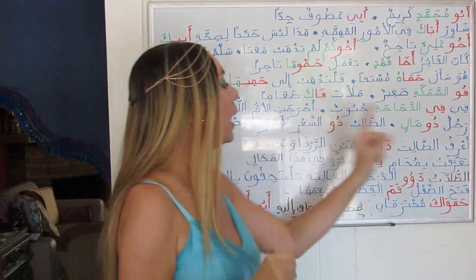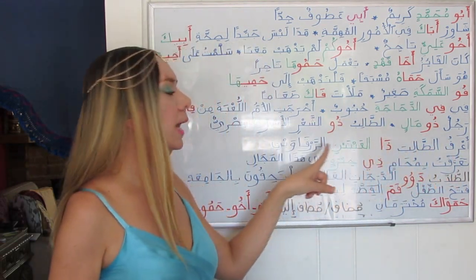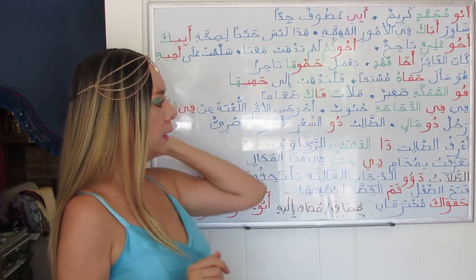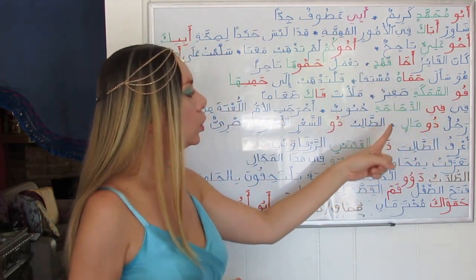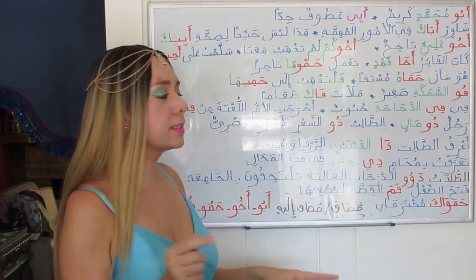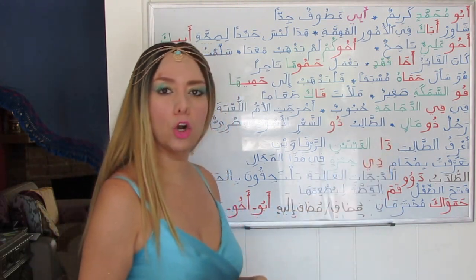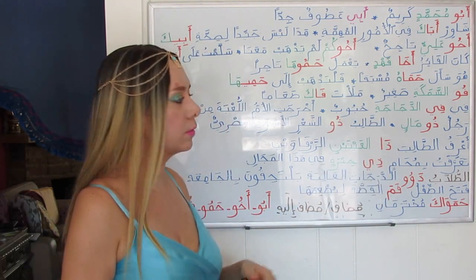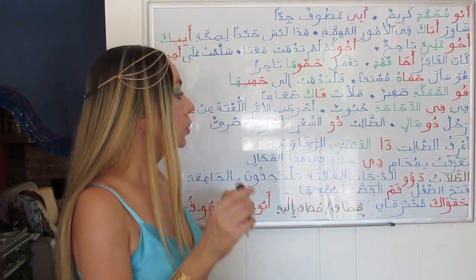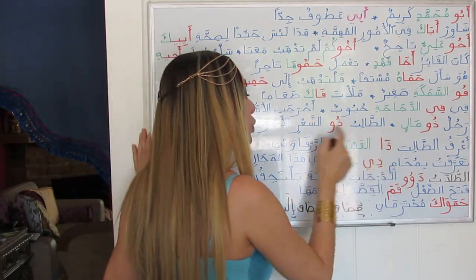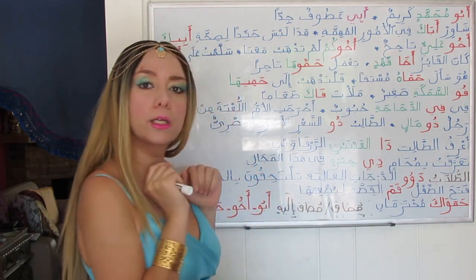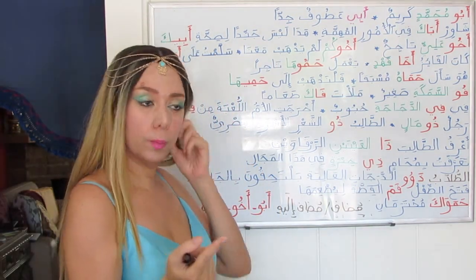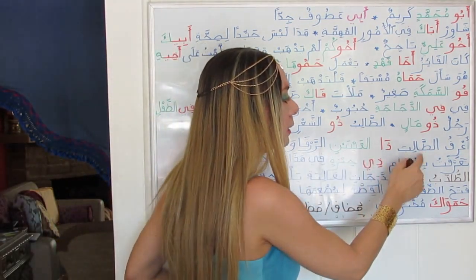Alright? أعرف الطالب ذا العينين الزرقاوين. I know the student. This time الطالب is the object of أعرف in the accusative case with the sign of فتحة. The reason why this attribute will be in the accusative case also, because it is describing الطالب.